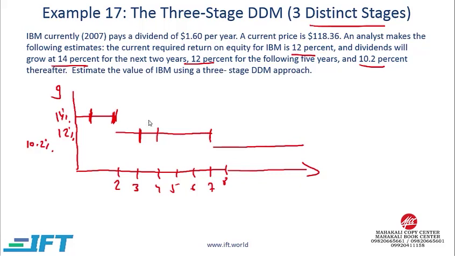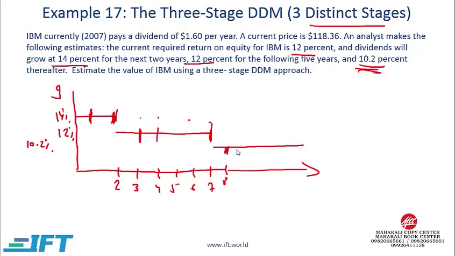So all these dividends will then be discounted back, and you cannot use the Gordon growth model again because these numbers are finite. You do not have a growth rate of 12% that goes on forever. So use your cash flow register, plug in the numbers and discount back. And then finally, you compute D8 based on D7 times 1.102, the final growth rate.